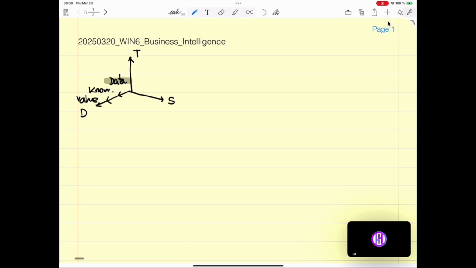So data sets can be classified into groups.